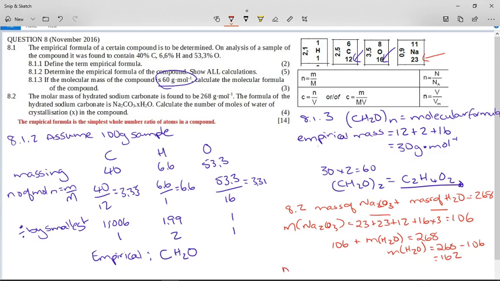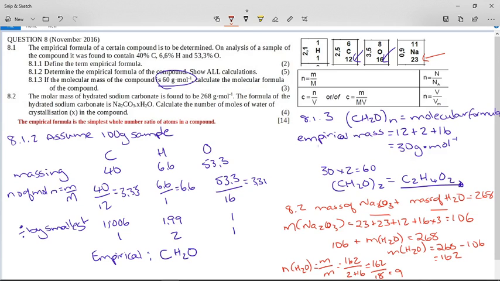So the number of moles of water is equal to the mass over the molar mass. So it's 162, and water is 2 for the hydrogen, 1 plus 1, plus 16, so it's 162 over 18. If you put that in your calculator, you should get 9. So the number of moles of water of crystallization is going to be 9.